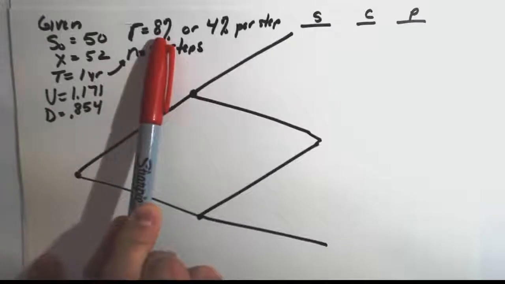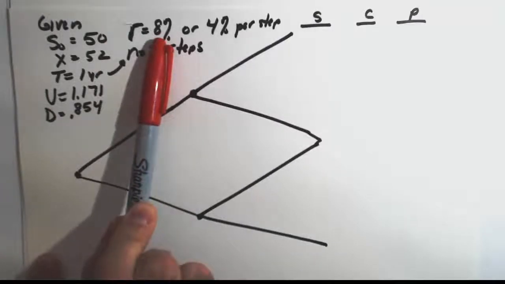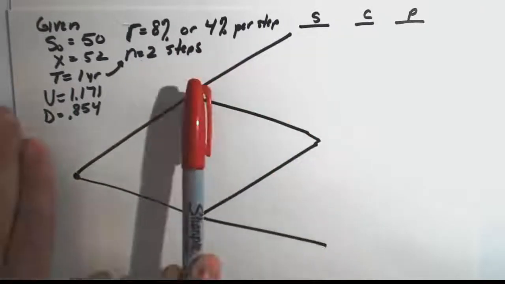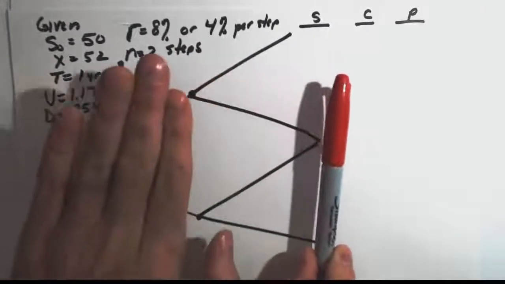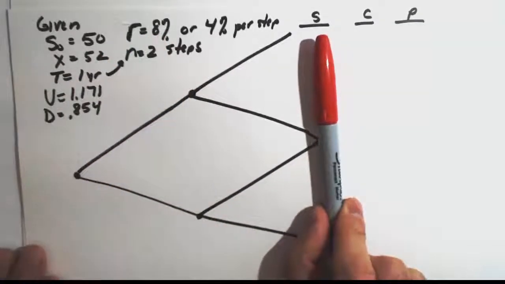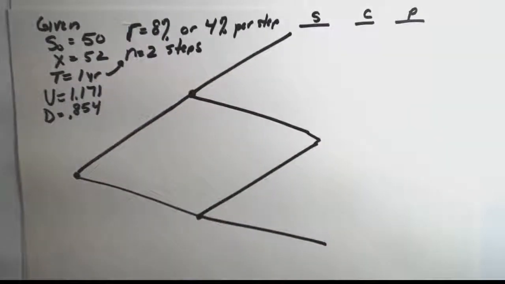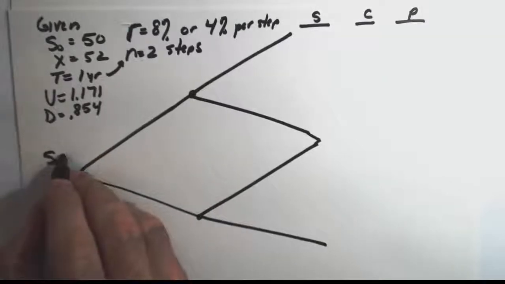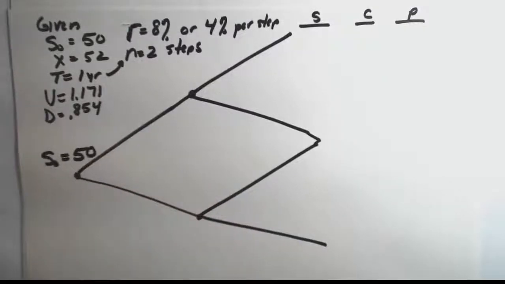The interest rate is 8%, but interest rates are always on an annual basis, so we chop it in half to 4% per 6 month period. This is a 6 month period, and then this is a 6 month period. We have a stock price today of $50 as given.